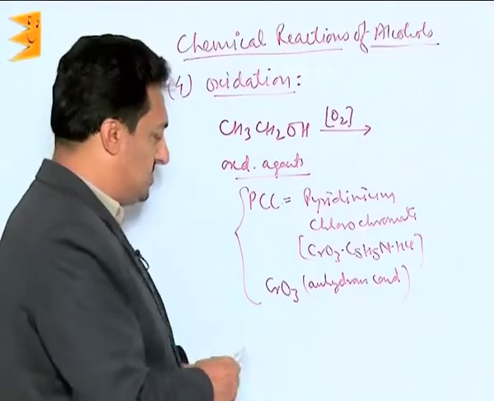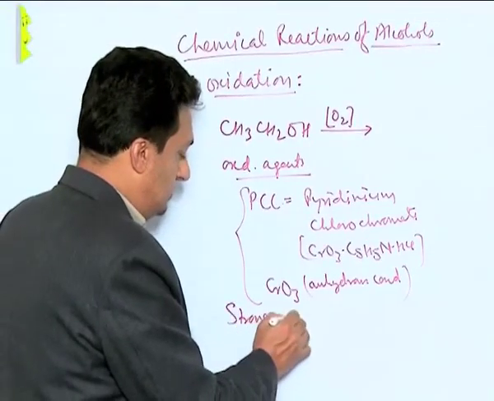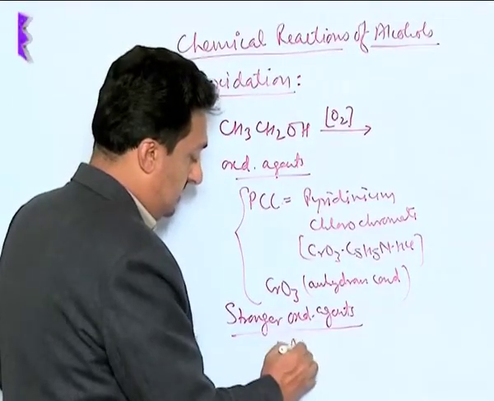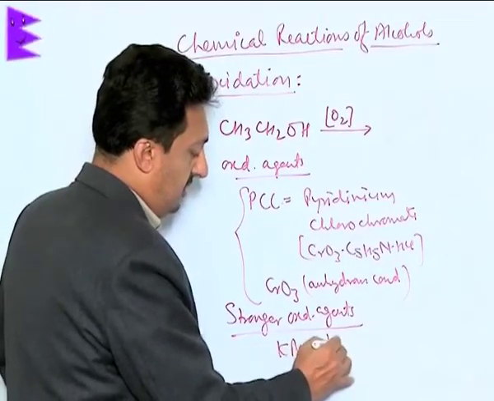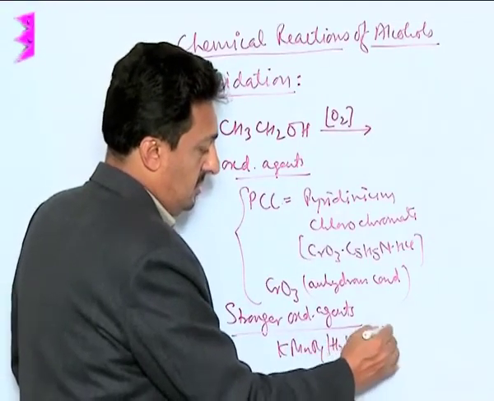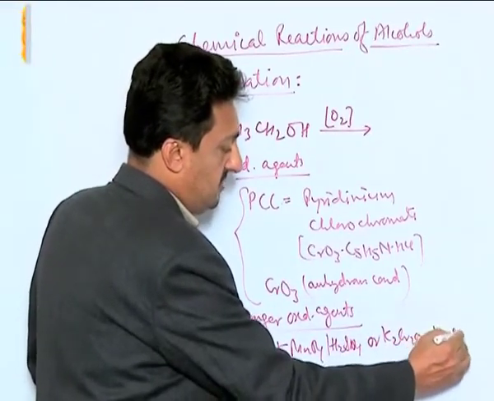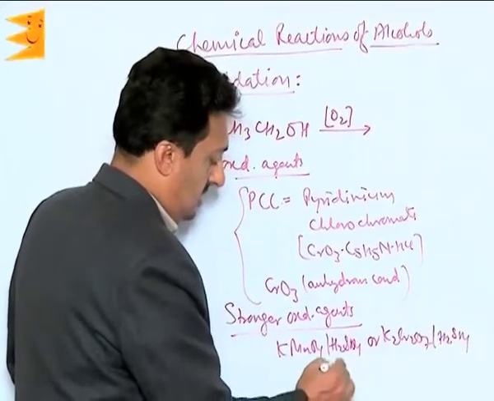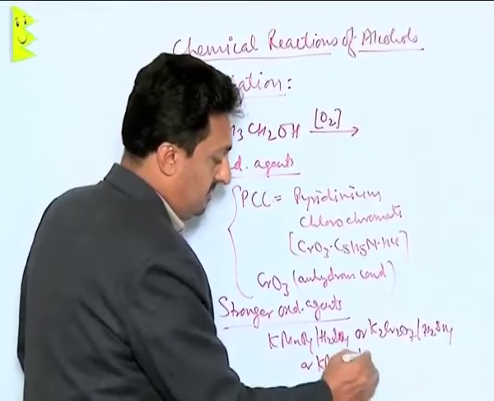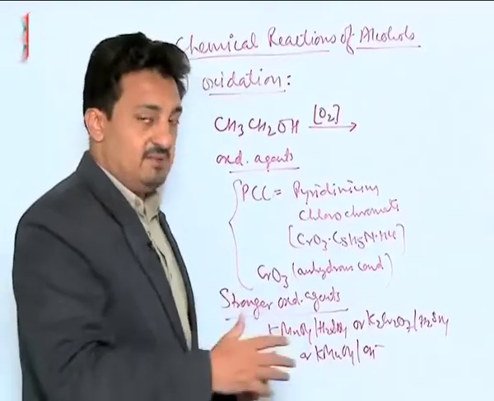Whereas if we are using the stronger oxidizing agents like KMnO4/H2SO4 or K2Cr2O7/H2SO4 or KMnO4 in basic medium called Bayer's reagent, they can also show the same type of oxidation.